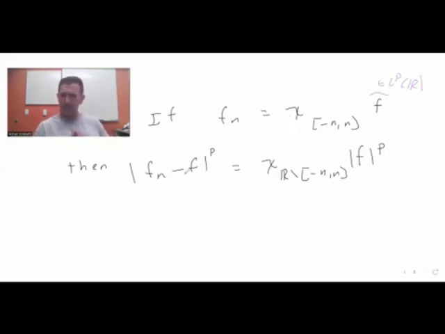F, we're assuming, is complex valued everywhere. So it's just 0. But away from minus n to n, Fn is 0, so it's just the absolute value of minus F, which is the absolute value of F to the P.